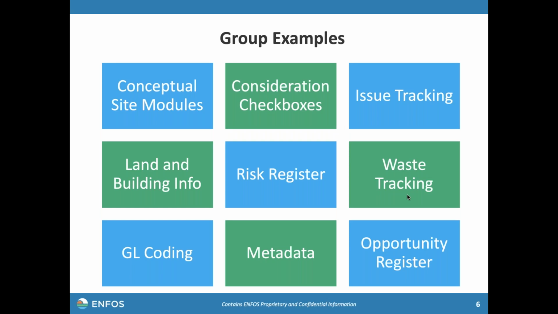Have you considered at this site this scenario? And then the users use a checkbox, yes or no. We see some conceptual site modules, some hydrogeological data, issue tracking, as well as some general ledger coding, additional locations for that general ledger coding, as well as some land and building information.